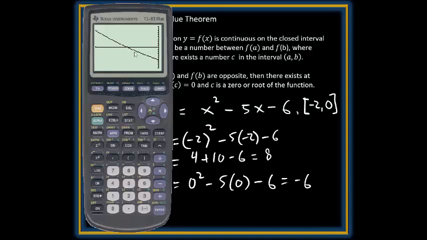You can clearly see that this passes through the x-axis. So you have a zero in here. So that's the confirmation. We have said that the intermediate value theorem applies, and with the note we confirm that this function has a zero in the interval -2 to 0.